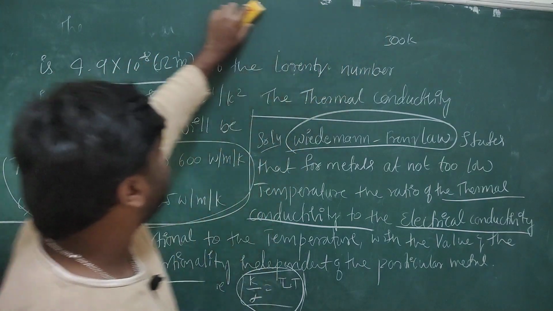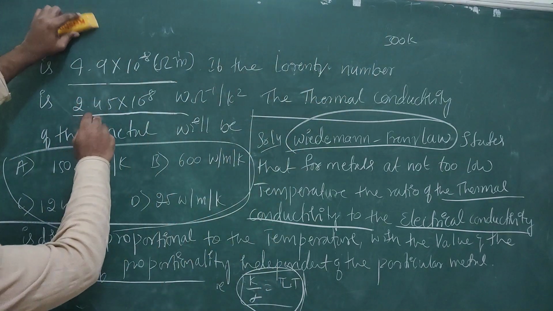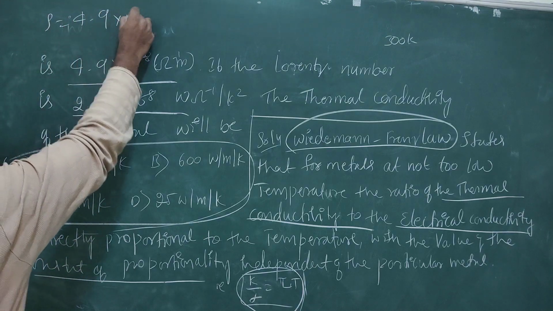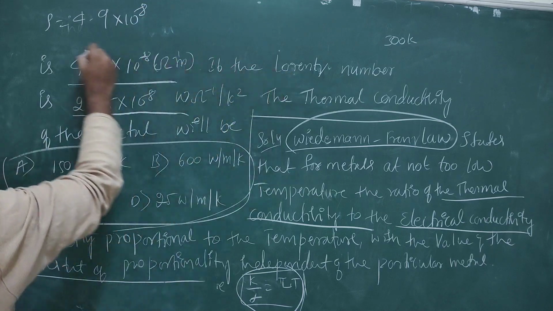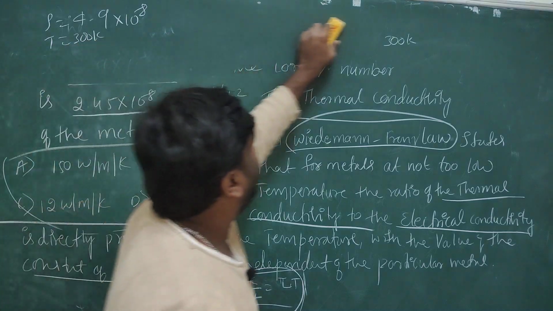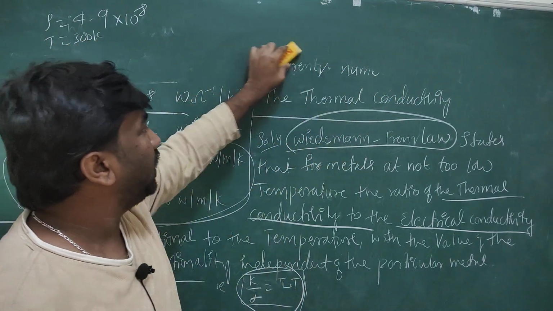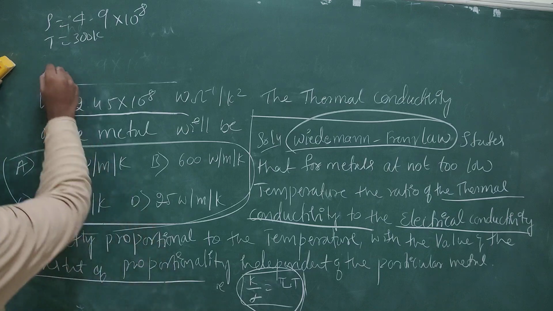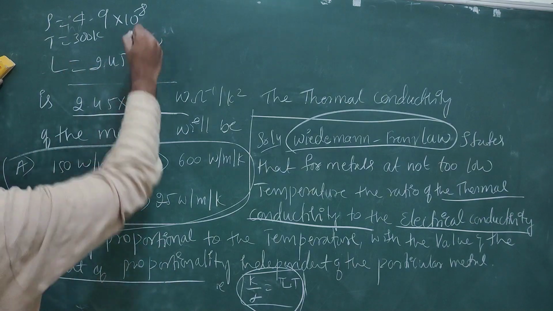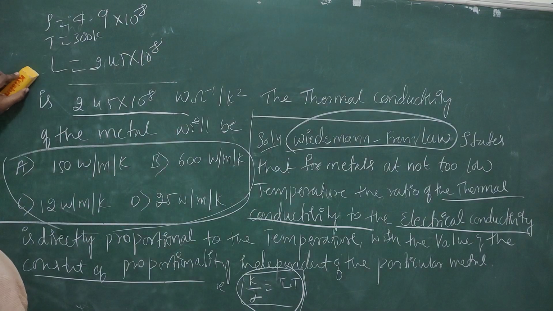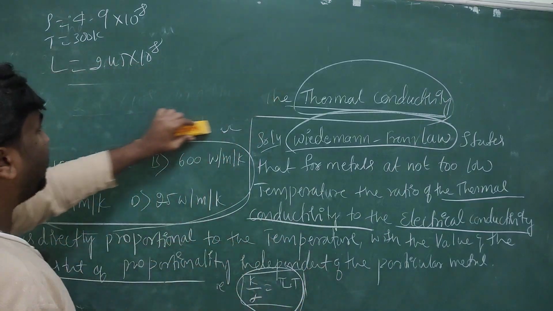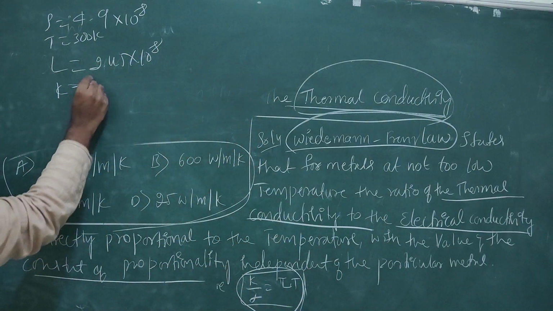The electrical resistivity is given. Rho is equal to 4.9 into 10 to the power of minus 8. The temperature is given, T is equal to 300 Kelvin. And the Lorentz number is given, L is equal to 2.45 into 10 to the power of minus 8, and the thermal conductivity K we have to calculate.